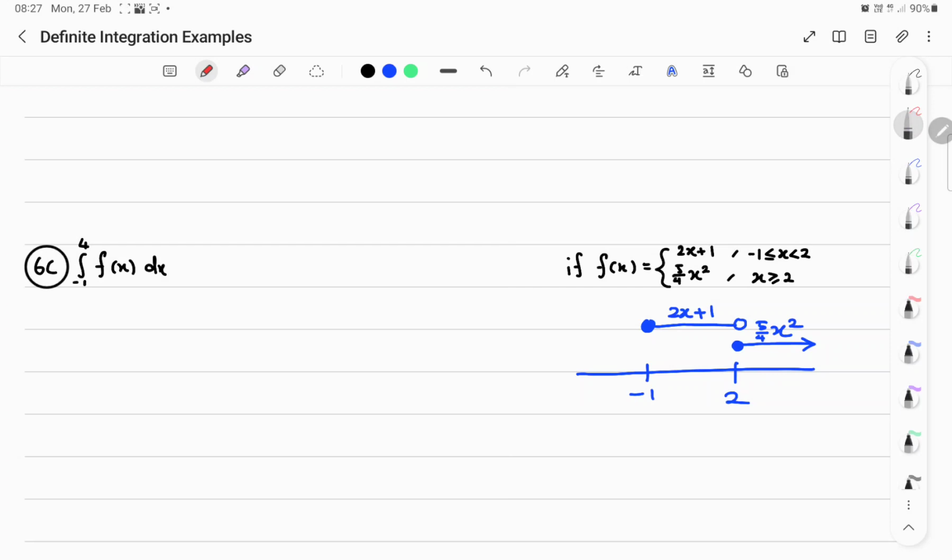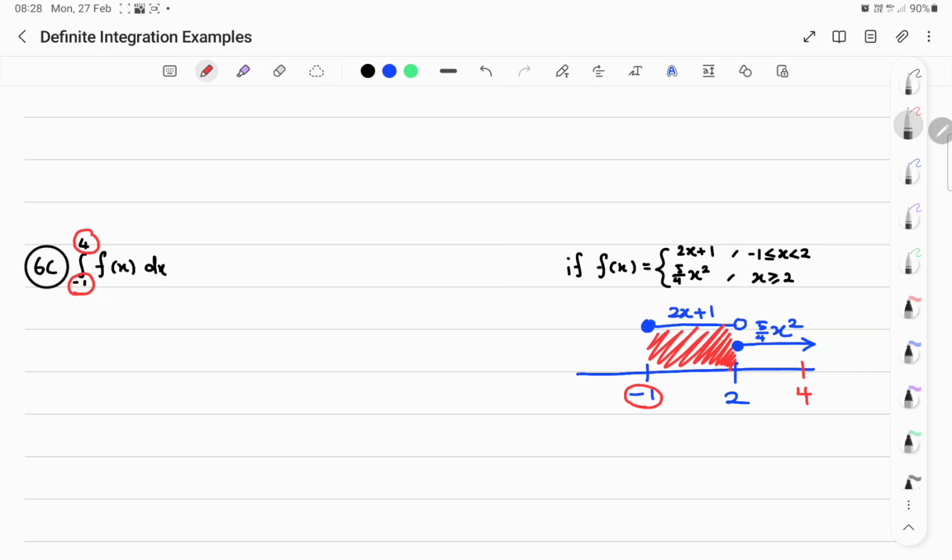Now, what is the next step? The next step, to know which integration that we need. From minus 1, we have minus 1 already over here, until 4. Where is 4? 4 is right hand side of 2. So, 4 is over here. Now, let's shade them. We shade the first area.